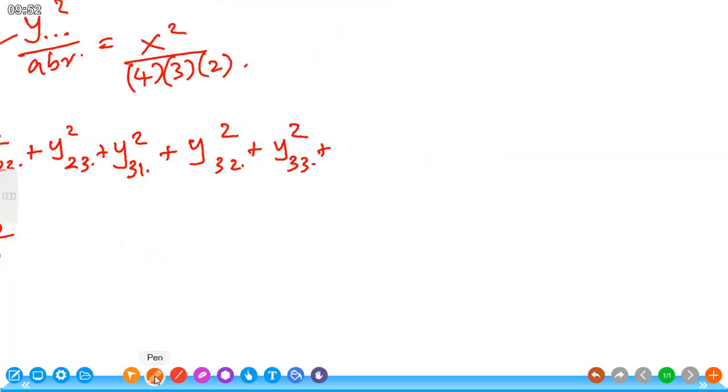So likewise, you complete up to the last one, y43 dot square. We didn't complete yet.